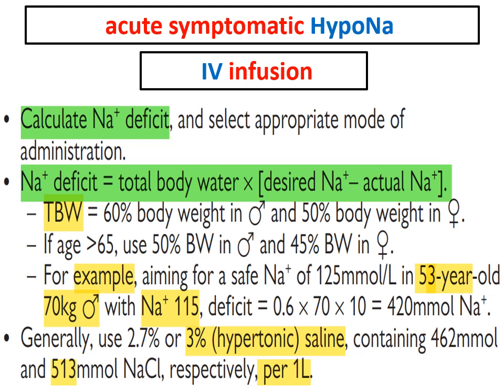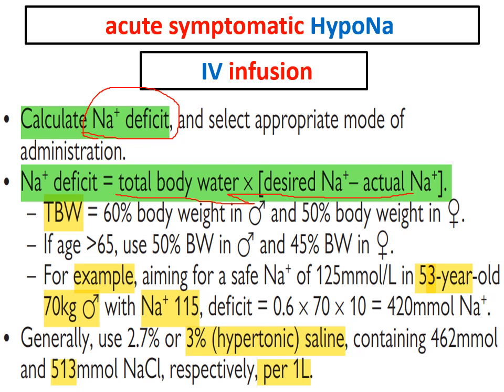Another method to calculate the IV infusion of hypertonic saline is by calculating the sodium deficit. Sodium deficit equals total body water times desired sodium minus the actual sodium.